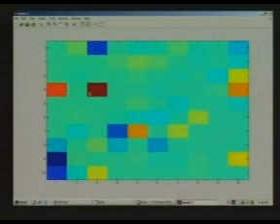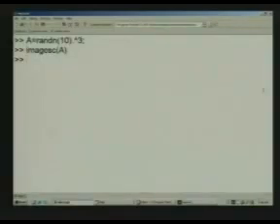You can see this is red, this is red, this is yellow. Then I will do flipLR of A and see what is happening. I will do it in a different figure. Figure 2 means it will take another figure, right?